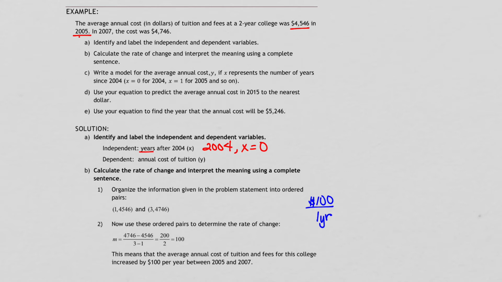C says write a model for the average annual cost y if x represents the number of years since 2004. So we would say y equals our m, which was 100, x plus, and we don't know what b is. So we need to plug in a point.